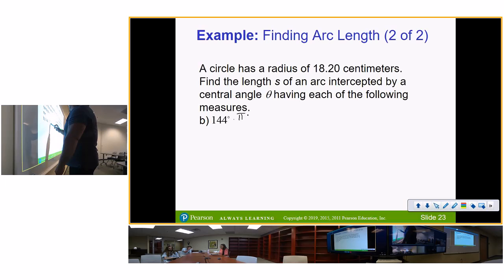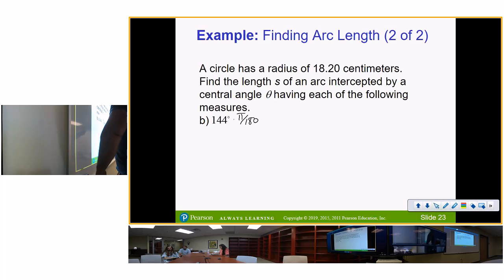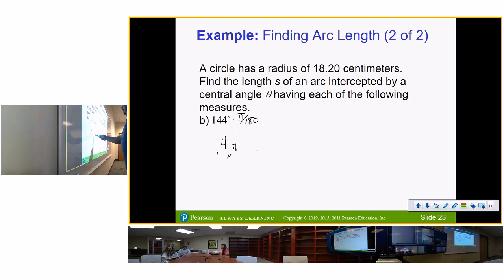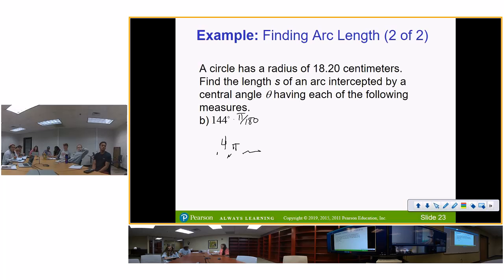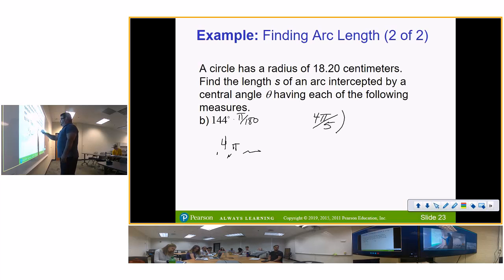Multiplied by pi over 180. What does that give us? Just give me a decimal in pi. What does it come out to be? 4 over 5 pi? 4 pi over 5? Is that what you got? 4 pi over 5 multiplied by 18.2.